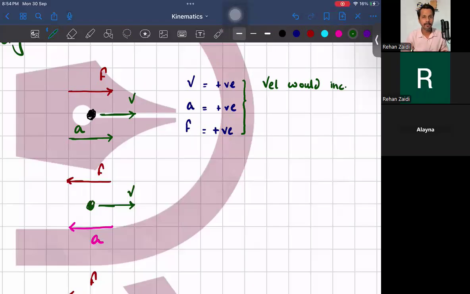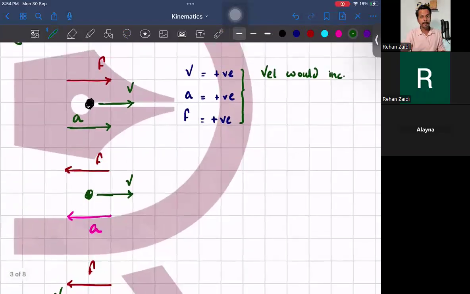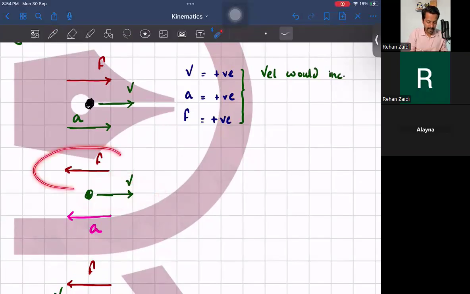So if the object is accelerating in the same direction as the direction of the velocity, it means the velocity would increase. Now, second example: if we have the same object moving in the same direction, that is in the positive direction towards the right hand side, but now acted upon by an unbalanced force acting towards the left hand side. And how could it possibly happen? If I'm moving in a forward direction and I'm being acted upon by an air resistance force in the backward direction, my velocity is forward and the air resistance is backward, in the opposite direction.